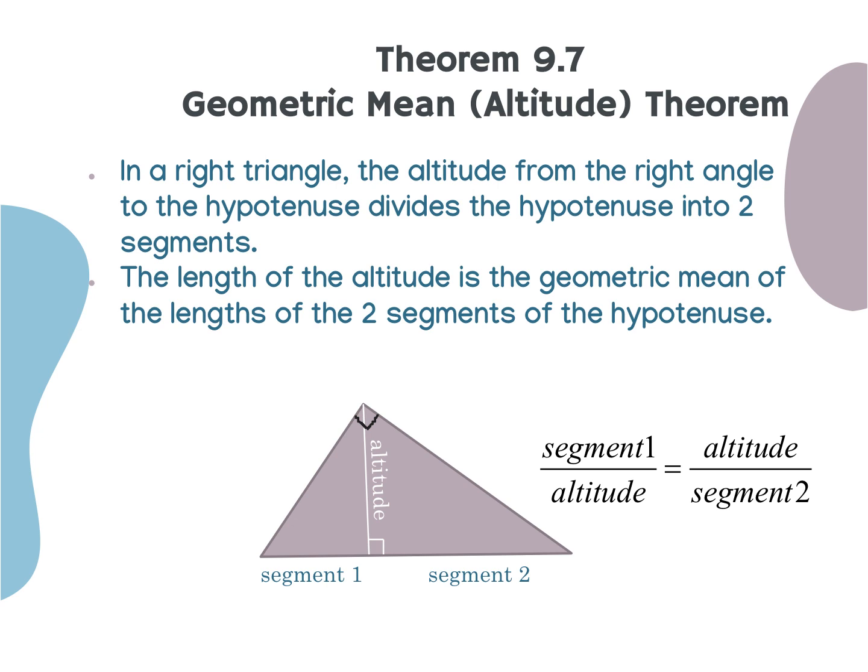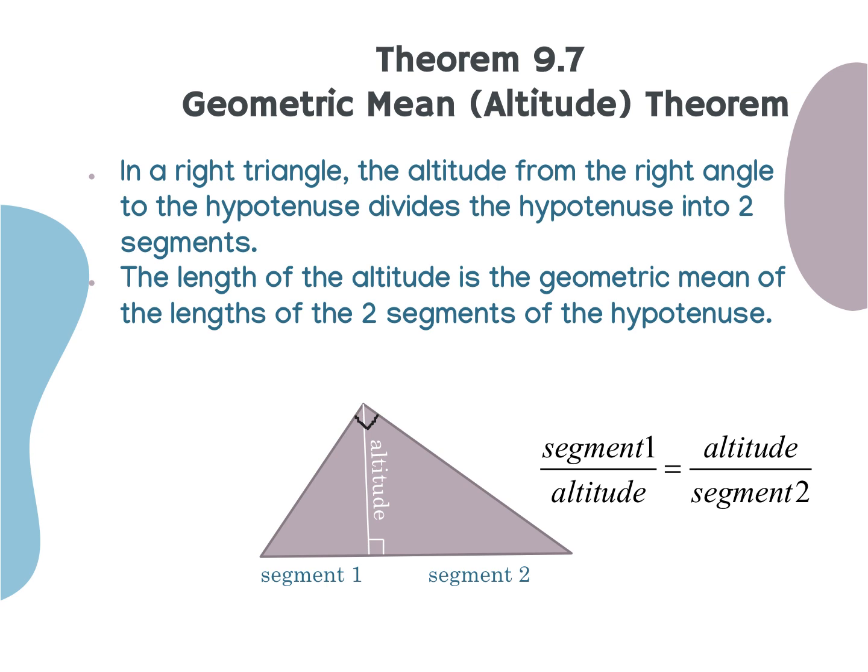Here we have theorem 9.7, which is the geometric mean altitude theorem. So it has two things. In a right triangle, the altitude from the right angle to the hypotenuse divides the hypotenuse into two segments. The length of the altitude is the geometric mean of the length of the two segments of the hypotenuse. So what does this mean?